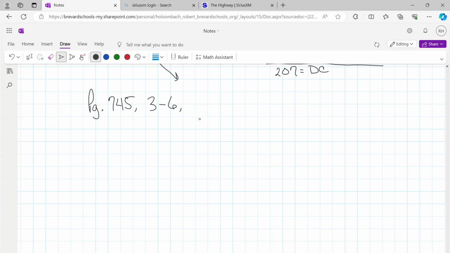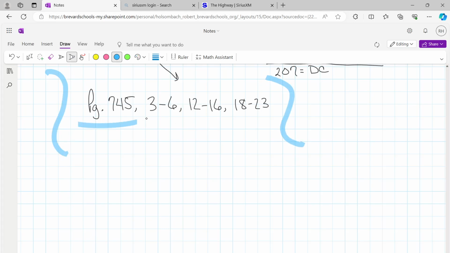Over on the next page, 12 through 16. And 18 through 23. Again, you're doing all the problems. You're checking your odd answers in the back of the book.